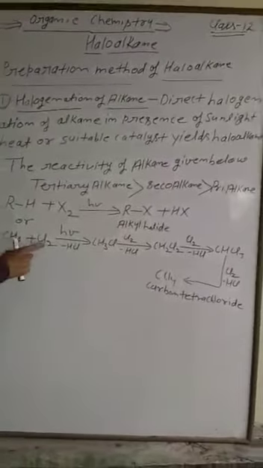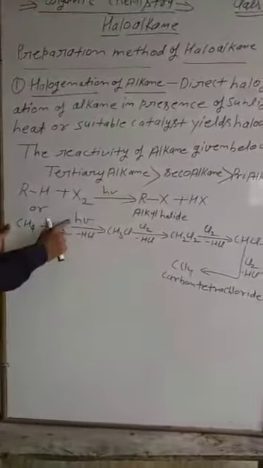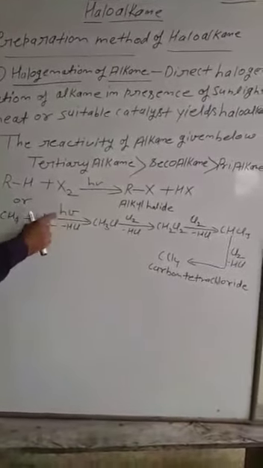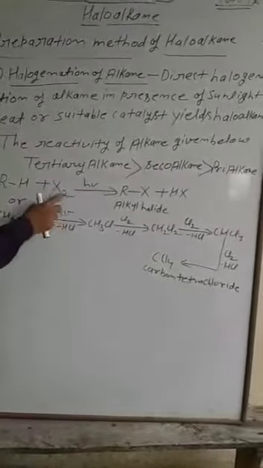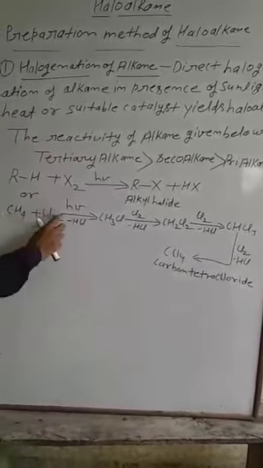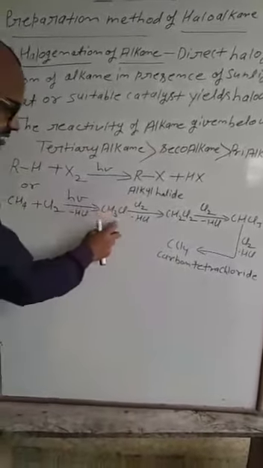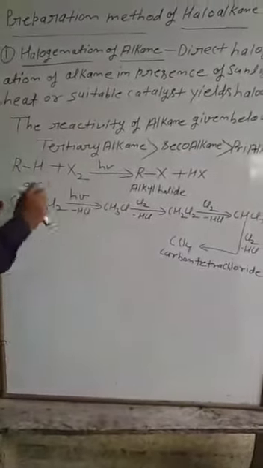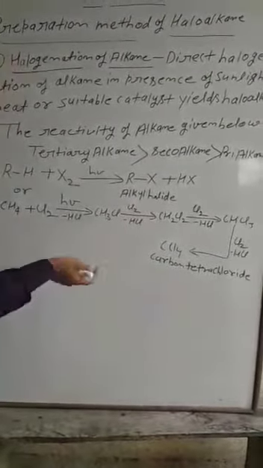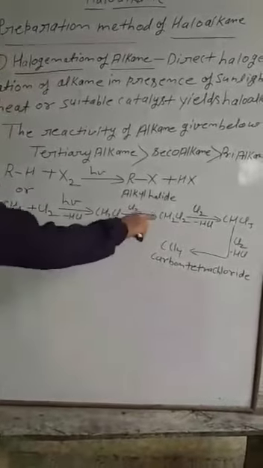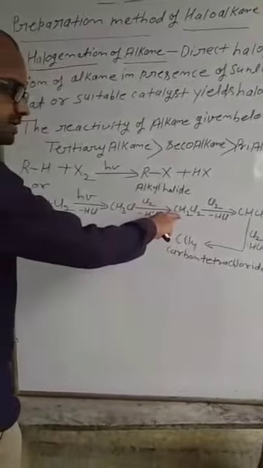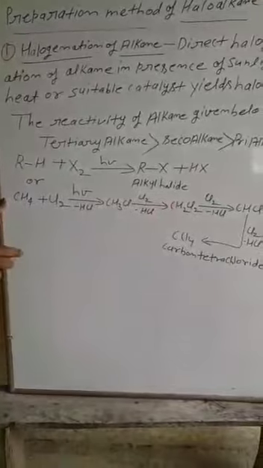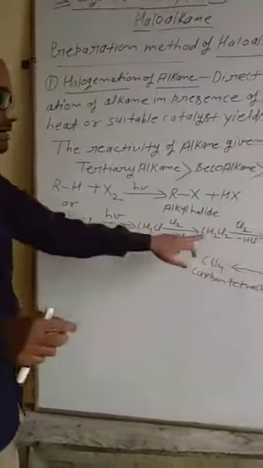Methane reacts with chlorine in the presence of sunlight, giving the formation of methyl chloride. Methyl chloride is a haloalkane. Again with chlorine, it forms CH2Cl2, di.